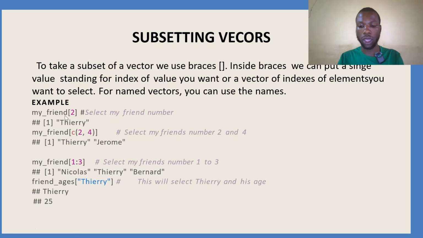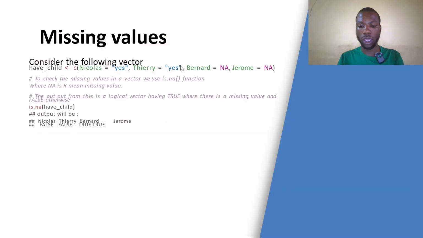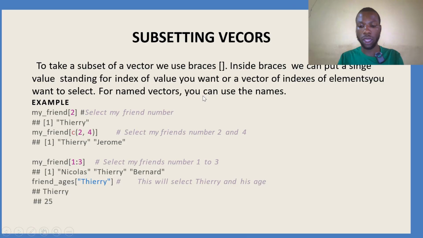That is what we used to use. We put the name, and what we call the missing value is NA, a null value. That's what we mean. To check the missing value in a vector, we use is.na, and we are going to see it in practice.